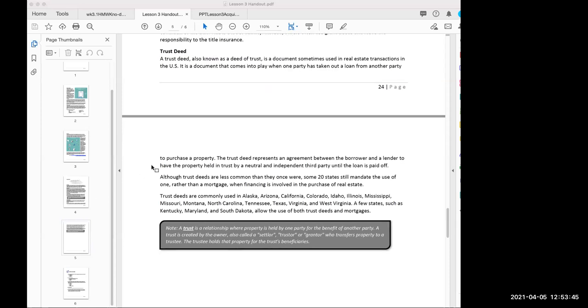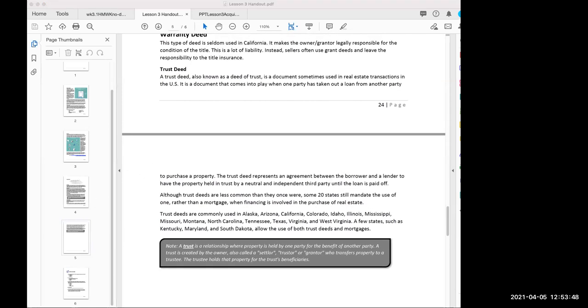Okay. And then let's go to the last one there, which is a trust deed. Andy, would you like to read the first paragraph there? Trust deed. A trust deed, also known as a deed of trust, is a document sometimes used in real estate transactions in the U.S. It's a document that comes into play when one party has taken out a loan from another party to purchase a property.